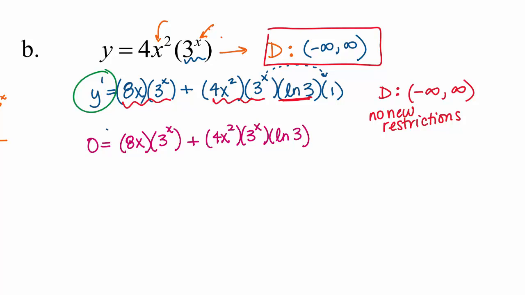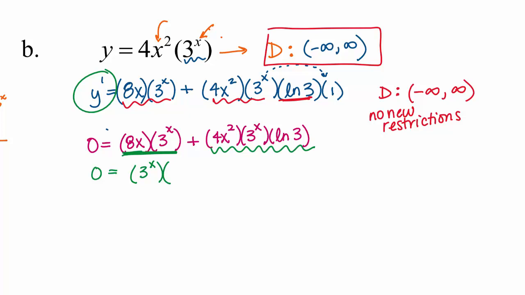Now I will go about my solving techniques that I learned from algebra. So for example, I'm going to factor out 3 to the x. Make sure you can read your own writing, that it is 3 to the x and not 3x. I will also factor out, because I have 2 terms, really. Here's my first term. Here's my second term.